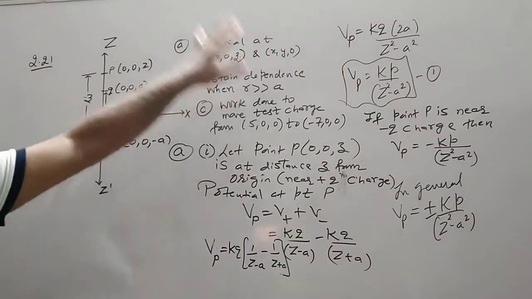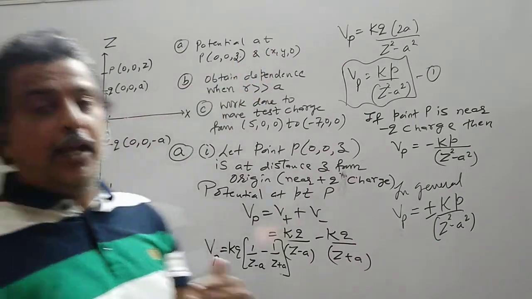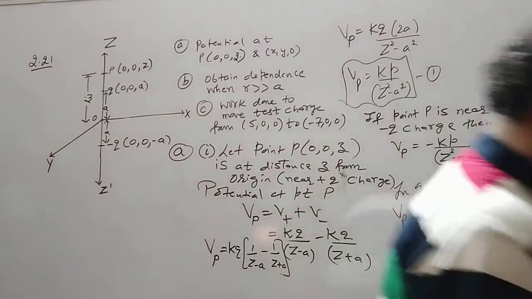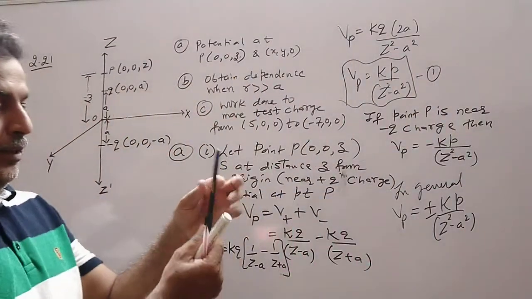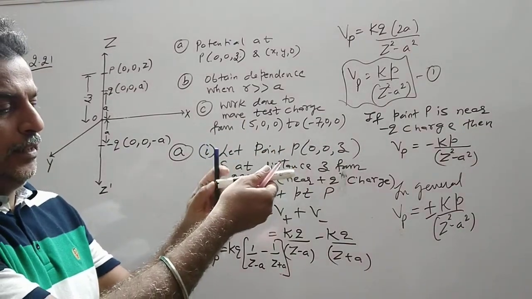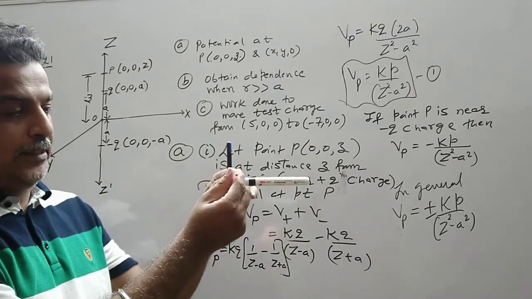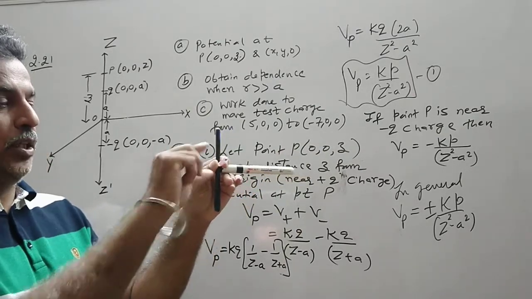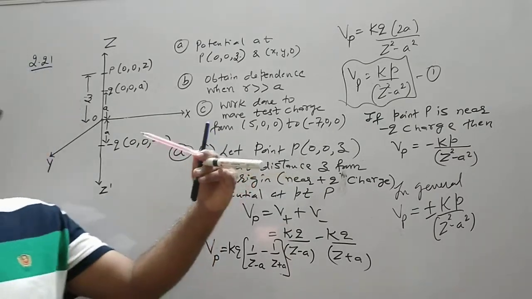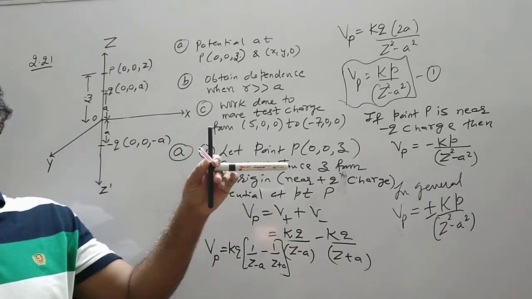Now see the second part. In the second part, the point P is along the xy plane. So if I consider the situation like this, this is our Z axis, let us take this as x axis, and this is your y axis.